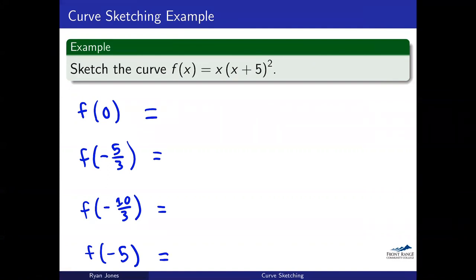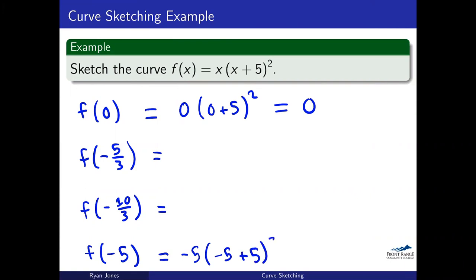So when I evaluate f at each of those points, we'll go ahead and do that. And for some of these, I'm not going to bother doing all of them fully out. Like this one is simple. We just get 0 because there's a 0 multiplied there. This one is also simple because we end up with -5 times 0 squared, which is just 0.